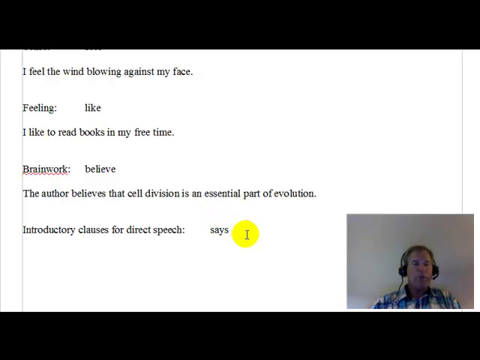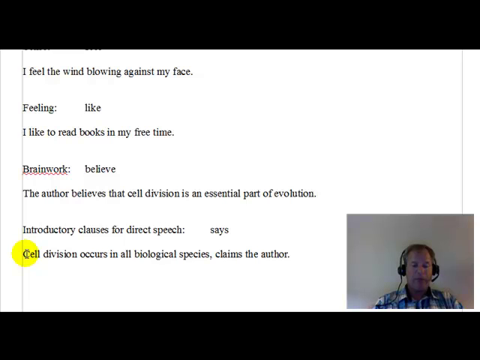And then the last reason I think with the simple present is using what I call introductory clauses for direct speech. Let's say the person said cell division occurs in all biological species, claims the author.